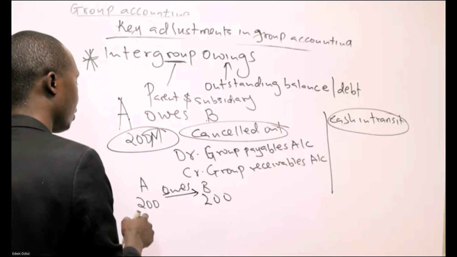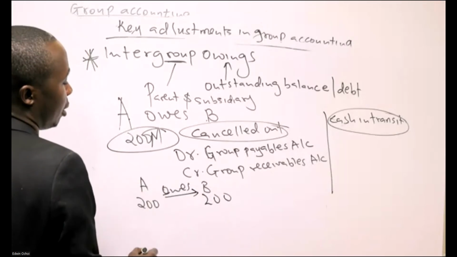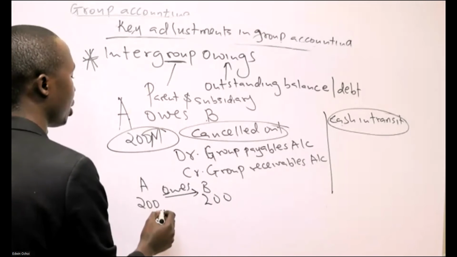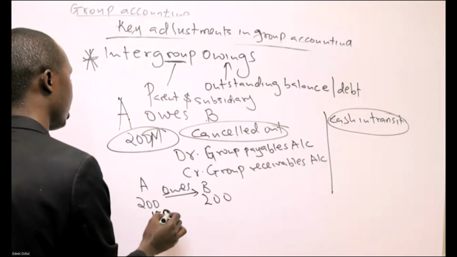But in the books of A, let's say it was showing by the end of the year that A is supposed to pay 150 instead of 200.